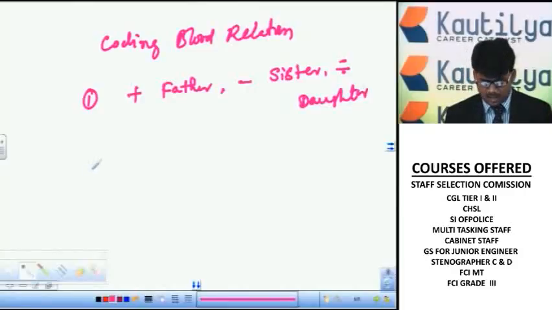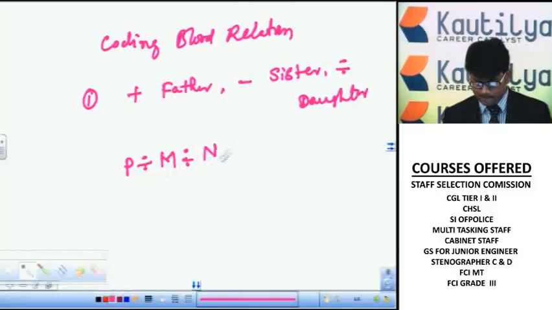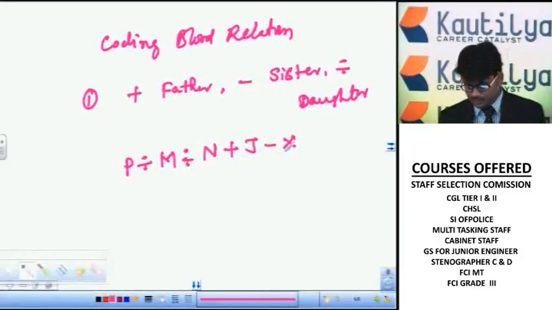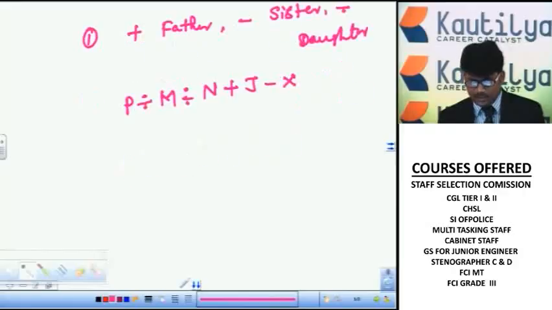The given question is: how would P be related to X? In the given expression, plus means father, minus means sister, and divided by symbol denotes daughter.